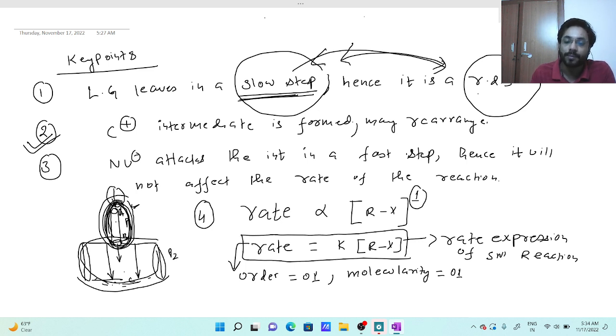Molecularity is the number of moles of reactants involved in the very slow step, and the number involved is only 1. Let us move ahead and discuss a few more things about the SN1 reaction. This is a good topic, so we have to discuss each and every aspect of it.